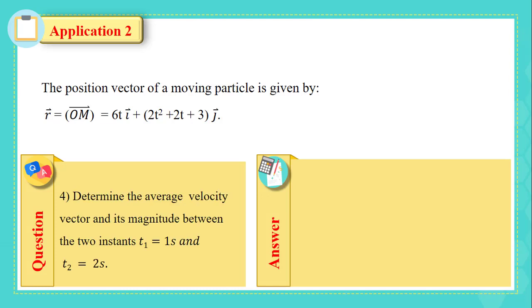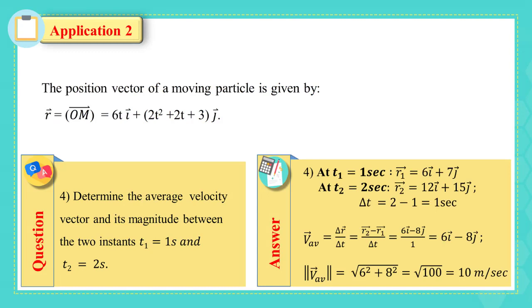In part 4, we have to determine the average velocity vector and its magnitude between the two instants t1 is equal to 1 second and t2 is equal to 2 seconds. First of all, we have to find the position vector at these two instants. At t1 is equal to 1 second, r1 is equal to 6i plus 7j.